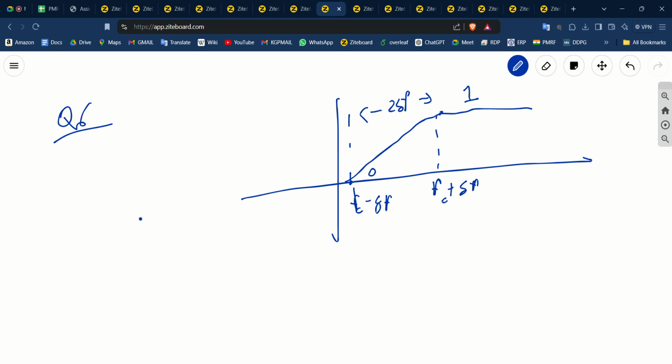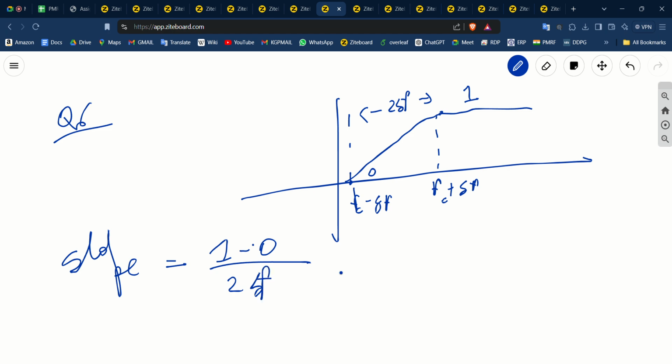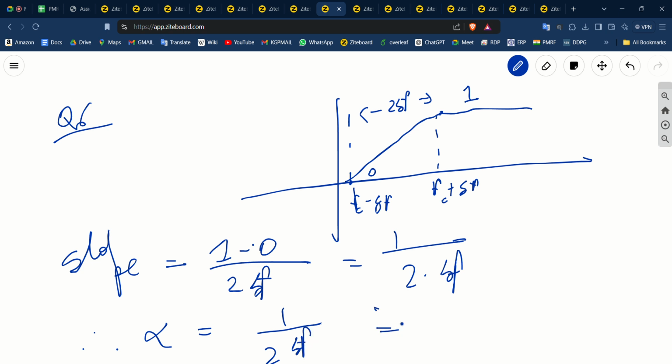So what is the slope? The slope is change in y by change in x. 1 minus 0 is the change in y, and the change in x is from fc plus delta f to fc minus delta f, that is 2 delta f. So it is 1 by 2 delta f. But the slope is given as alpha. Therefore alpha equals 1 by 2 delta f. Where is fc? fc is here.